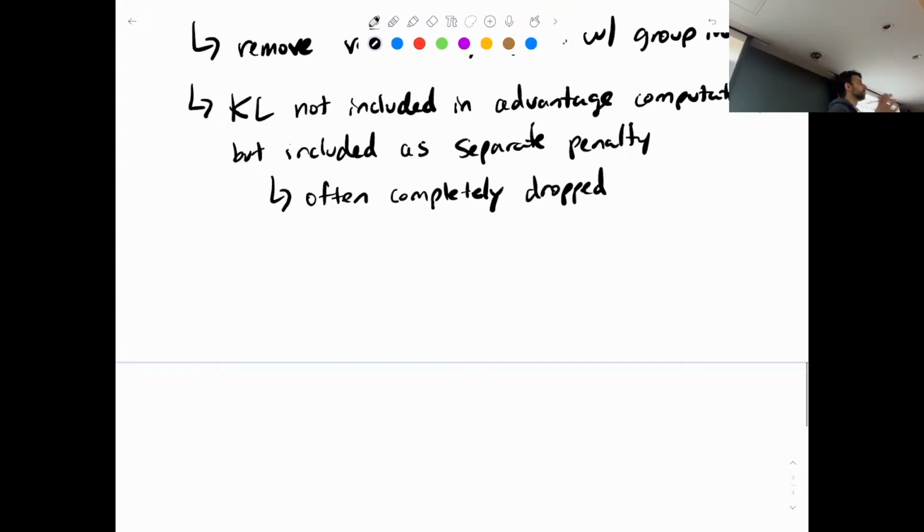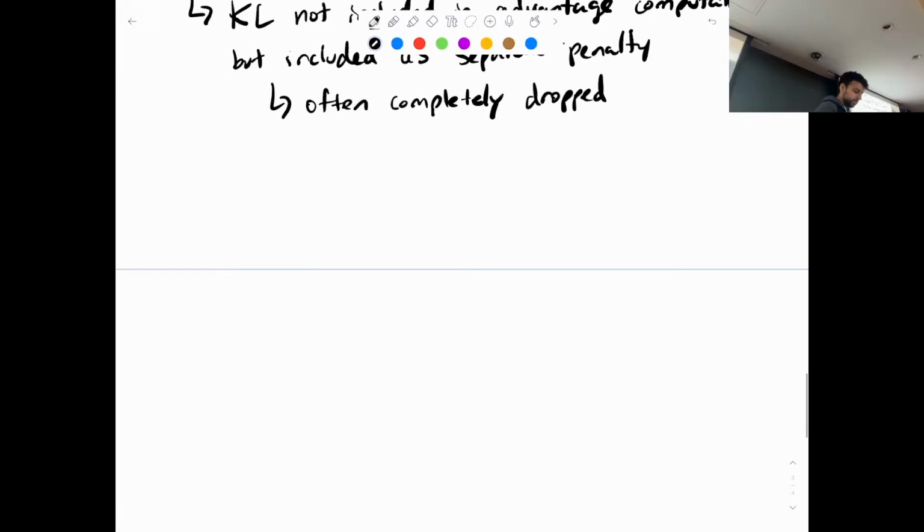Okay, so these are some high-level differences. Let's go step by step. Wow, I just chain-of-thoughted myself. And we can talk about the exact differences between these two algorithms.